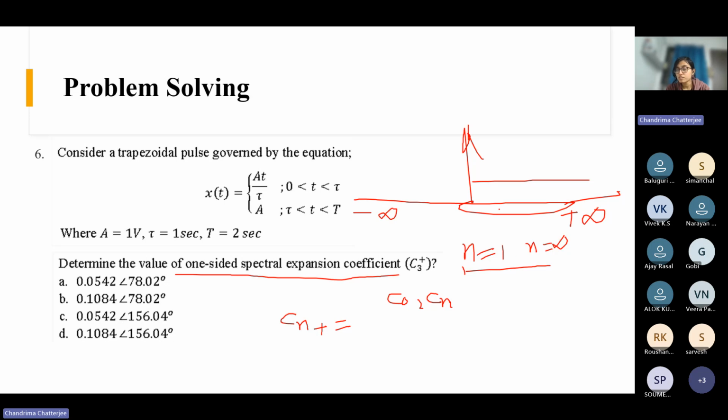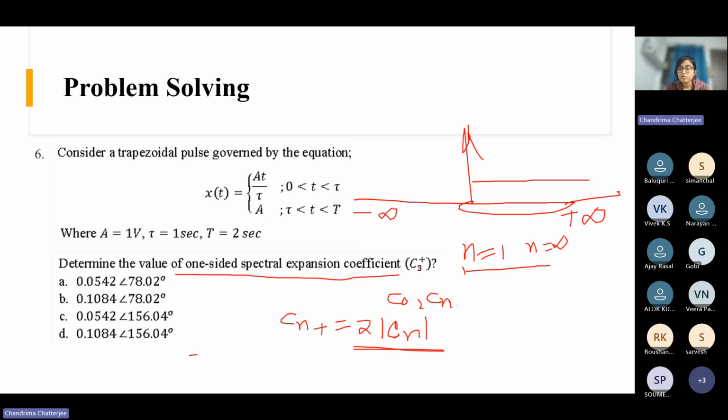This is just one side. So this is basically 2 times Cn. The derivations are given in the lecture series, so you can refer to the derivation.